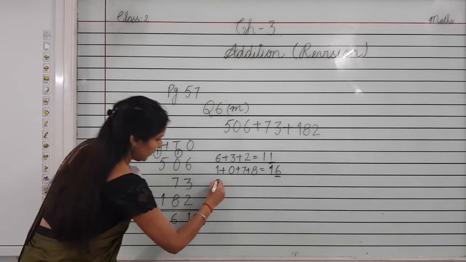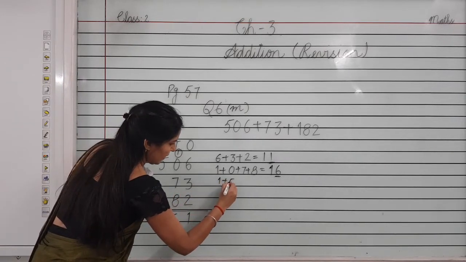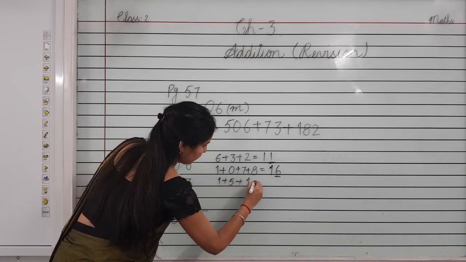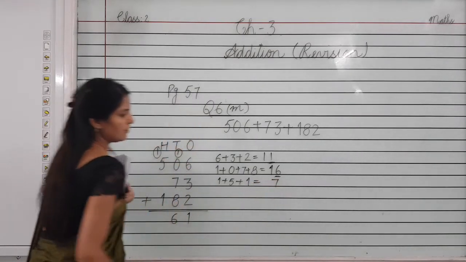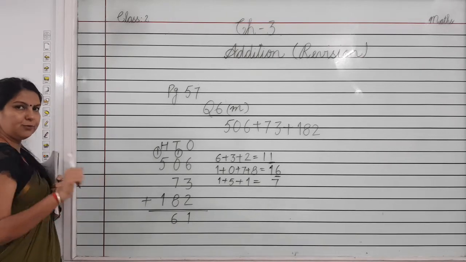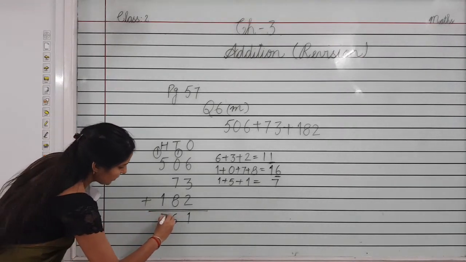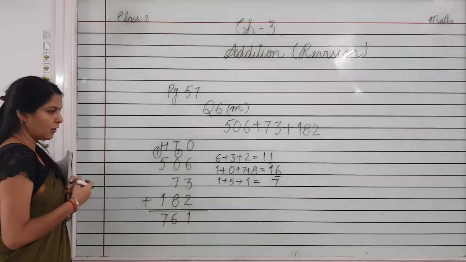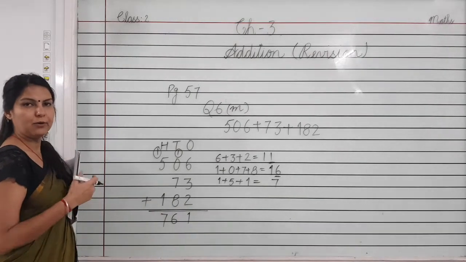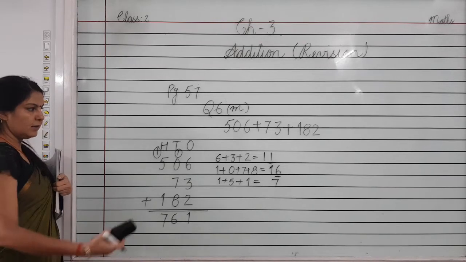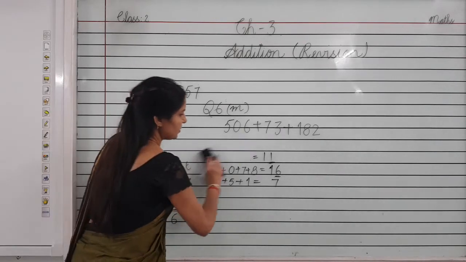Now we will add 1 plus 5 plus 1. It will be 7. Here in 7 only one digit, so we will write 7 as it is. So what is the sum of these numbers? 761. I hope you have understood, and the remaining sums you can do yourself.